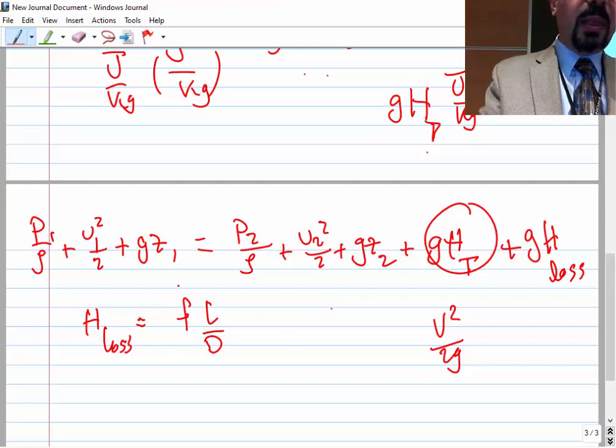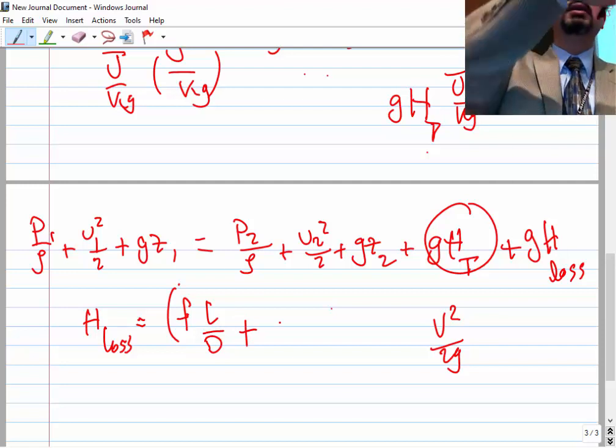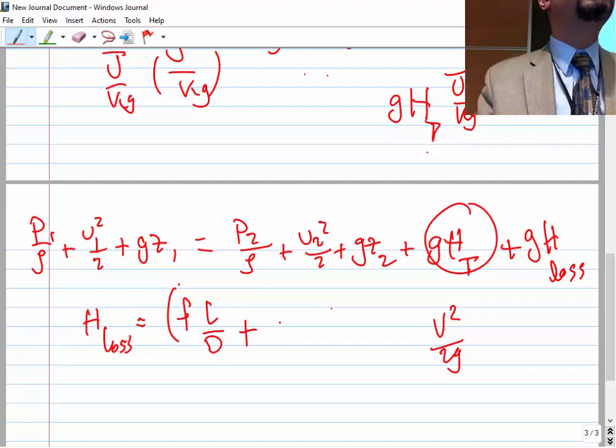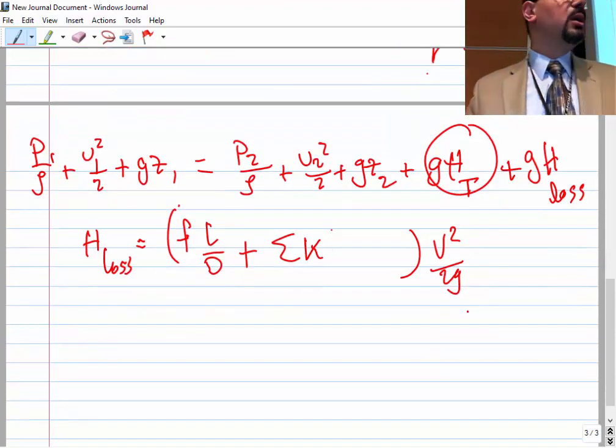Correct? And the minor loss, all the valves, like a bunch of valves and a bunch of elbows, they will express them in terms of a coefficient. This loss coefficient, they call it K, and that K is multiplied by V squared over 2g.